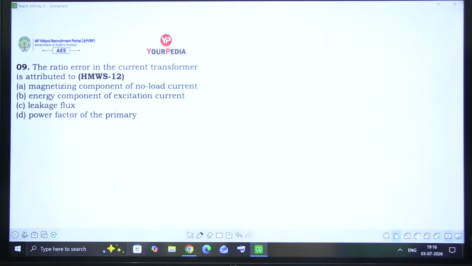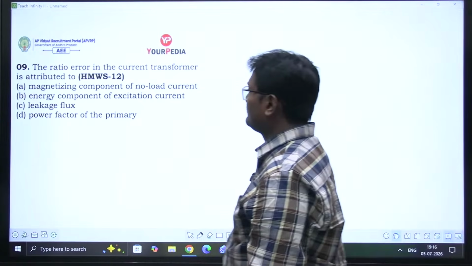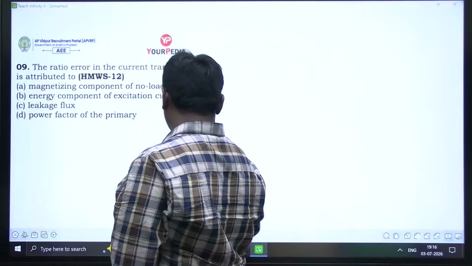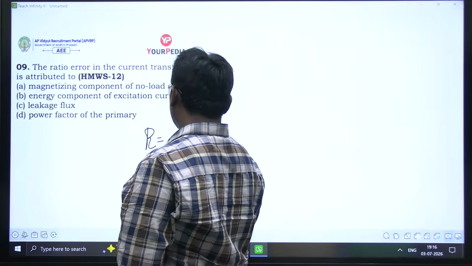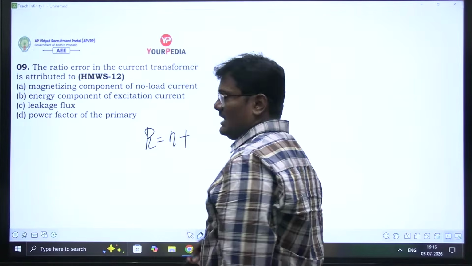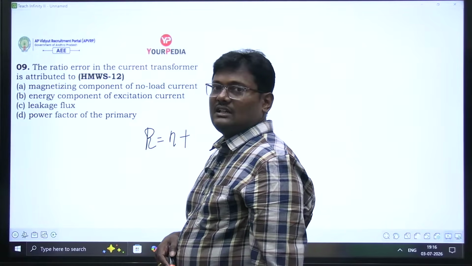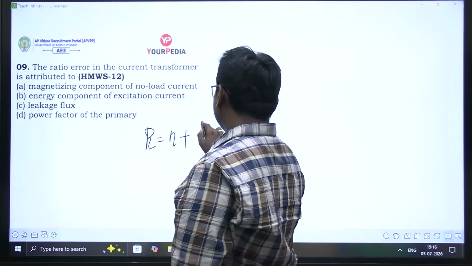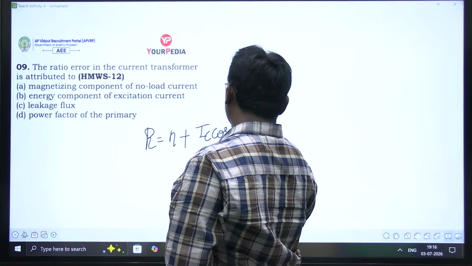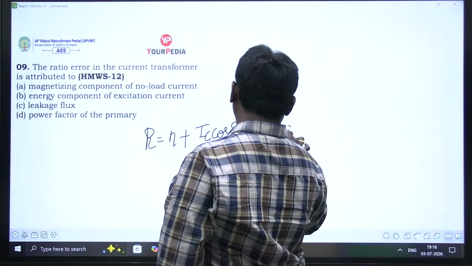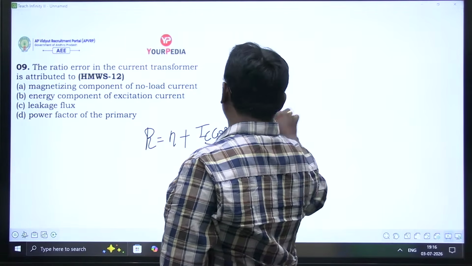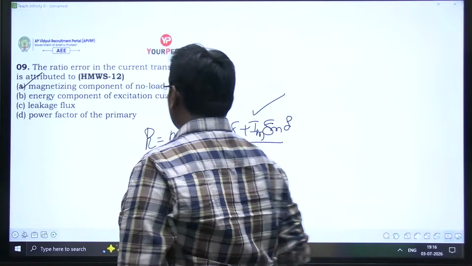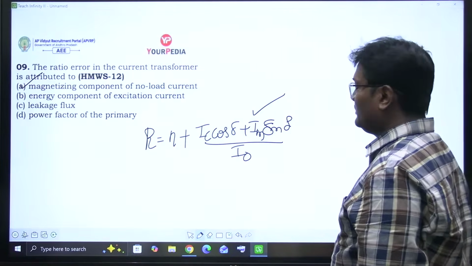Actual ratio plus Ic cos delta plus Im sin delta by I naught. So the magnetizing component of the current is more. So option A is correct: magnetizing component of the no load current.